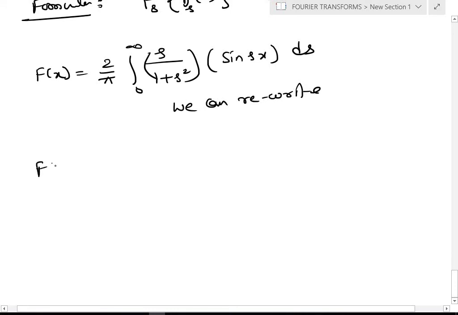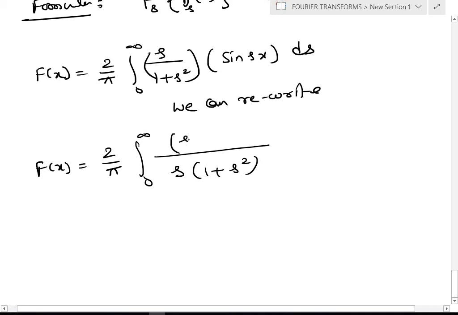See here, f of x is equal to 2 by pi, and I will not do anything with the 0 to infinity. In the denominator, I will take one s extra, so in the numerator it will be s square. Then I will add 1 and I will subtract 1. You will understand in the next step. Sin of sx into ds.